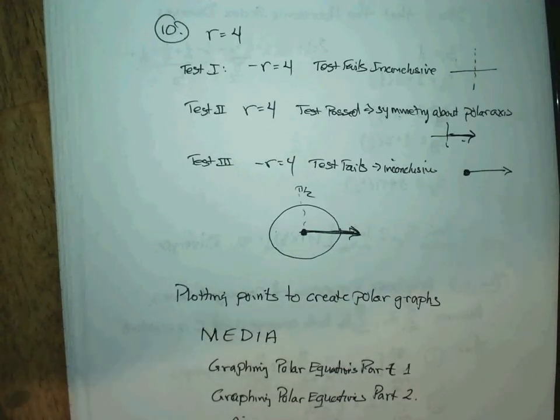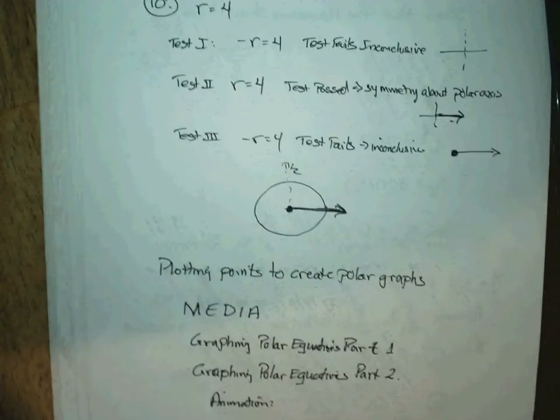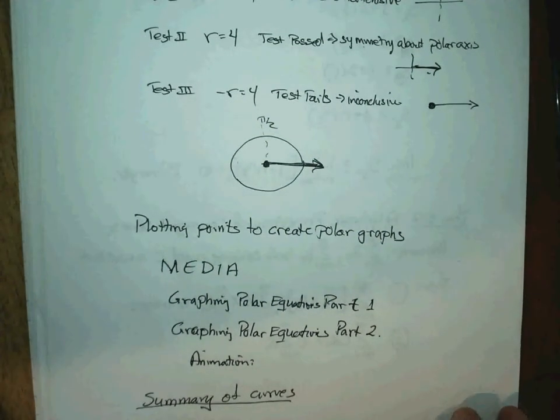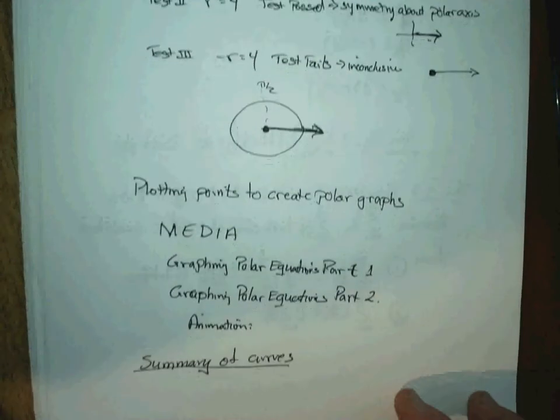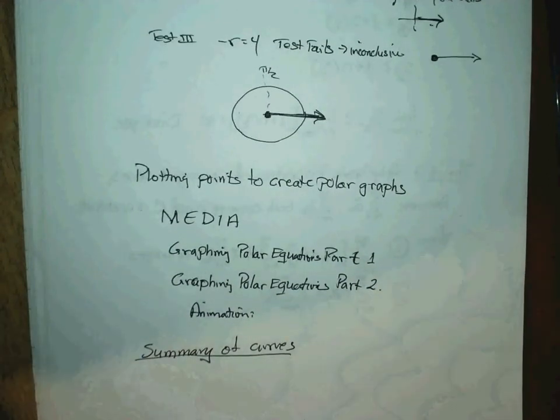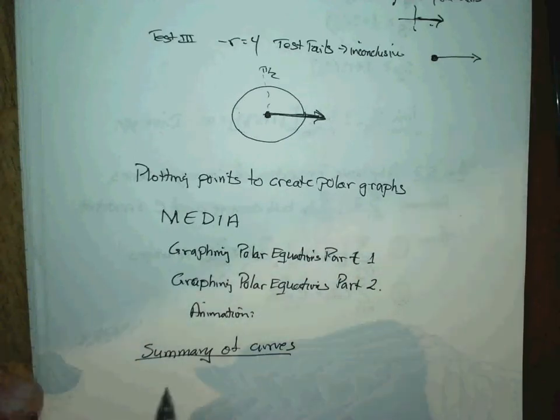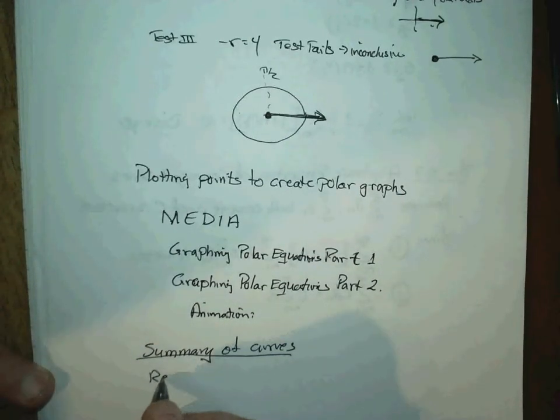The point is for you to look at these graphs and look at the equations and get a little bit of an appreciation of what kind of graphs polar equations are designed to create. Just like with rectangular equations, we can see that their strength is things like lines. What you can get an appreciation for here is that these curved shapes are more easily created out of polar equations.